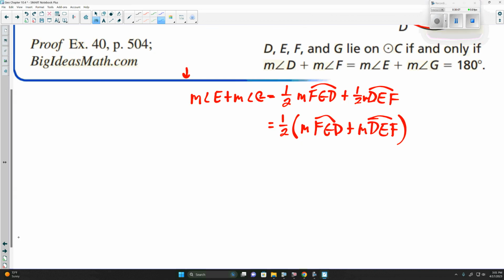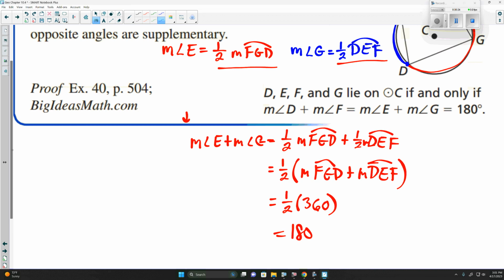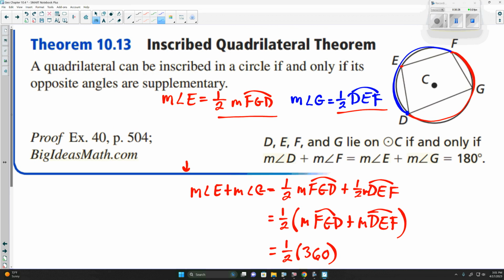Well, what's the measure of an entire circle? 360, and half of 360 is? 180. And two angles are supplementary if they add together to be 180. That's the proof. So we can say the opposite angles in an inscribed quadrilateral are supplementary. They add together to be 180. And I think this is the last part of it, yes? Yes. So I would make sure to look back and get these here.